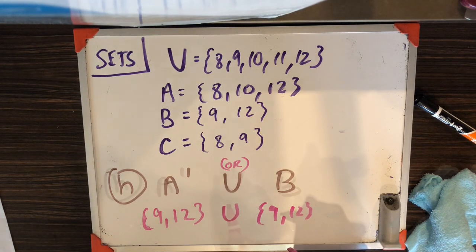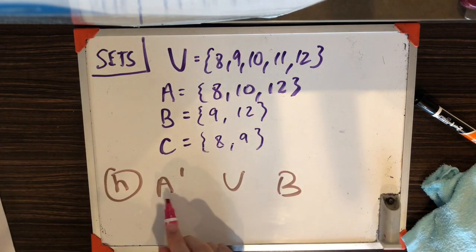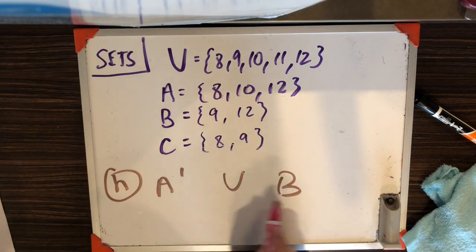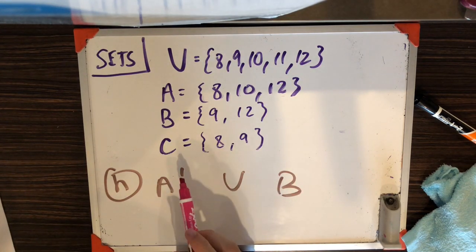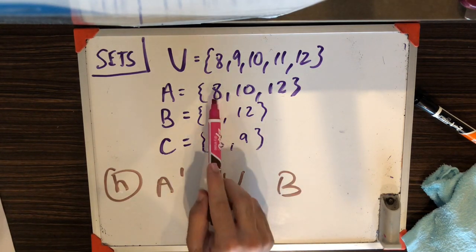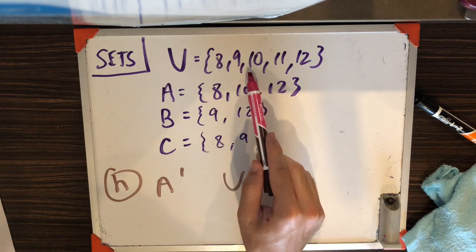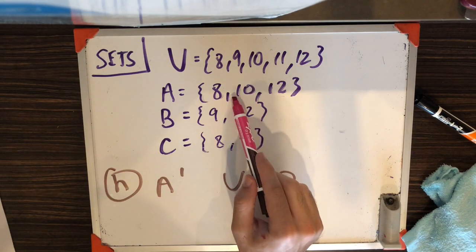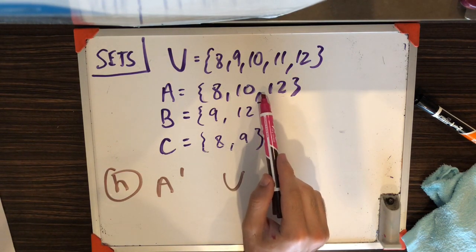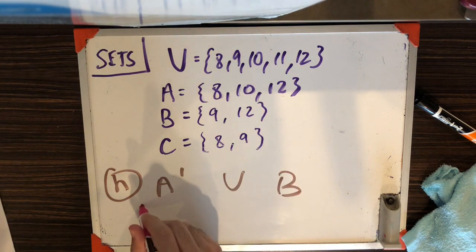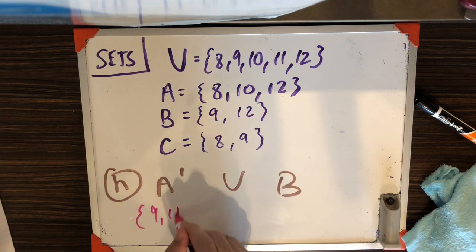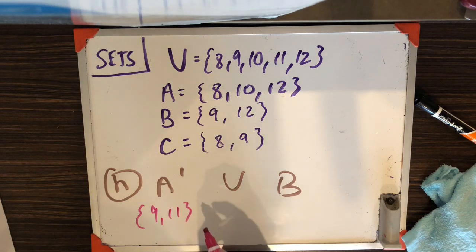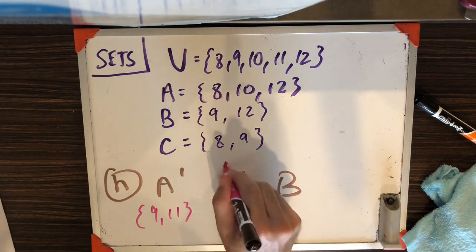All right. So H is not A union B. So what is mentioned, not in A, but mentioned in universal set? Okay, so this one's missing 9 and 11. So that would be 9 and 11 for complement A. Union, again, this is OR.